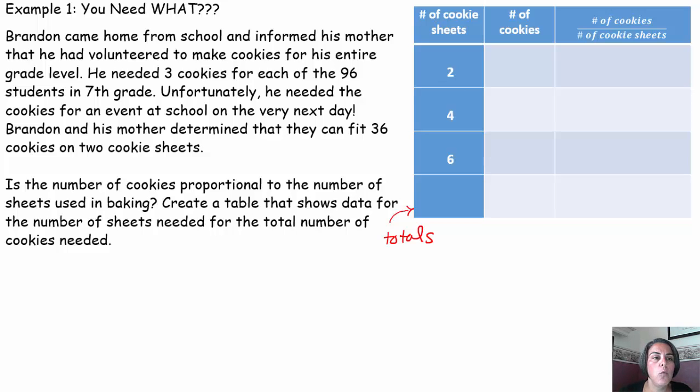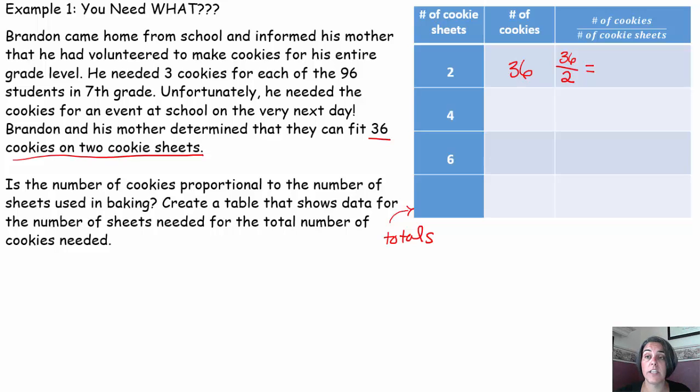All right. Well, we know that they determined they could fit 36 cookies on 2 cookie sheets. So if I have 2 cookie sheets, I can fit 36 cookies on those. If I want to know my unit rate for this, or my constant of proportionality, I would take my number of cookies, 36, and I divide by my number of cookie sheets needed for those 36 cookies. 2 cookie sheets. 36 divided by 2.